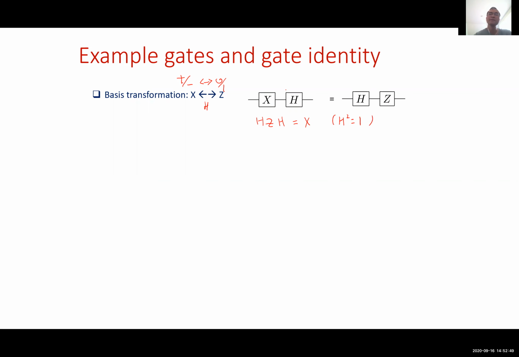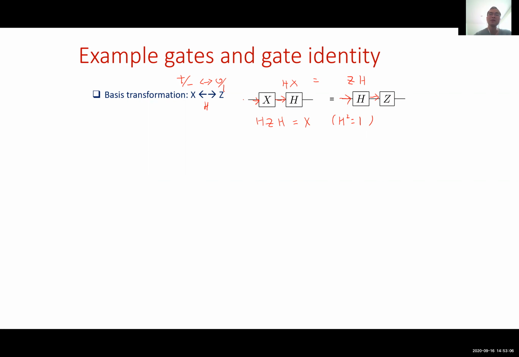So the equation here says you first apply X, and then you apply H, equal to when you first apply H, and then you apply Z.